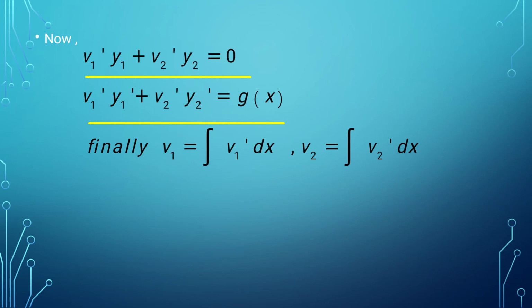So from here, rearranging, you see that v1 is the integral of that, and v2 is the integral of that. So that's generally the outline of how we come up with this. From here you just substitute back and you get the general solution.